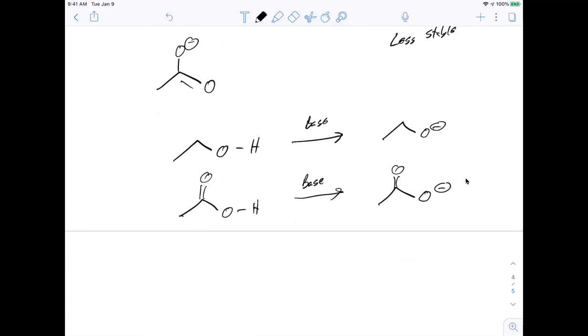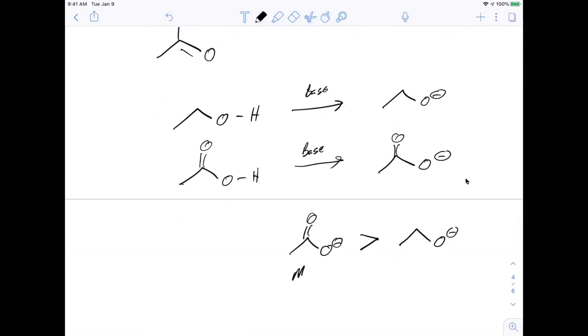The second one, right? This is going to be much more stable than that, which means that this hydrogen is more reactive because by pulling off that hydrogen, I'm creating a more stable anion, and this one is going to be less reactive.